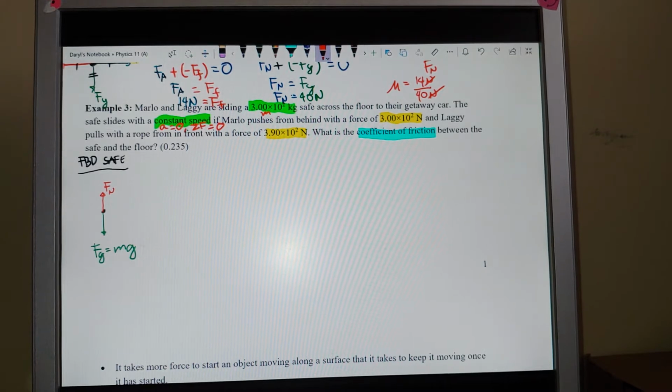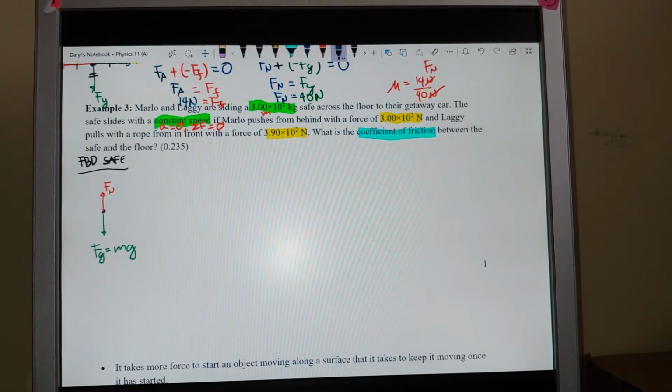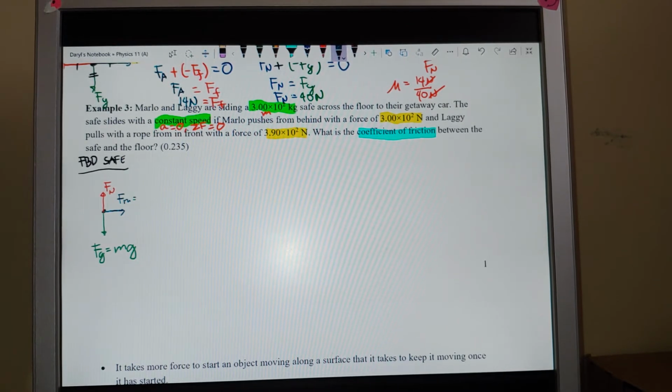And we also have the normal force. Let's say, for example, the object is moving to the right, so the applied forces should be to the right. This is the force exerted by Marlo, which is equal to 3 times 10 to the power of 2 newtons.